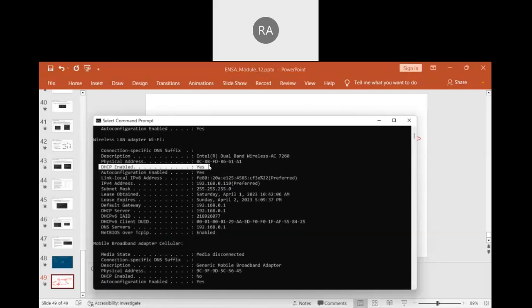If a computer has been configured to obtain an IP address automatically, and it gets an IP address, it will indicate that the address I got, I got automatically from DHCP, or DHCP is enabled on that system.